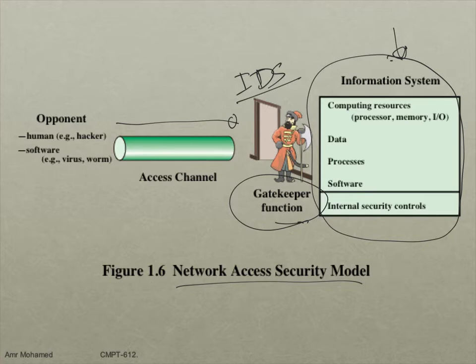Okay, so if an attacker tries to access the system, the gatekeeper should be able to detect that this is an intrusion. Otherwise, if this is a legitimate access, the gatekeeper will pass it through. Okay, so that's a network access security model. Again, it summarizes the techniques required to organize the access to an information system or a network resource. Is that clear? Any questions?